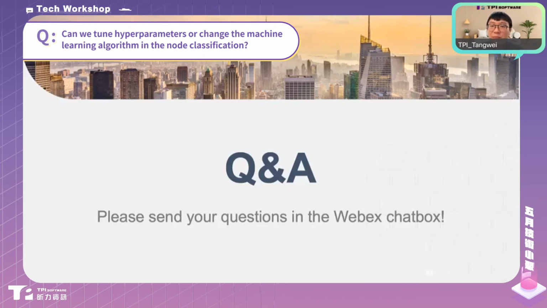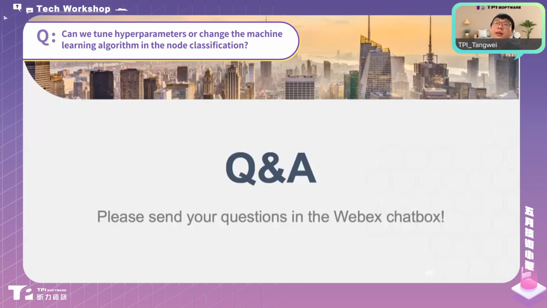So I think you mean that in machine learning, we can tune the hyperparameters in all machine learning algorithms, like in SVM or in random forest. In Neo4j Graph Data Science, both node classification and link prediction have training parameters that can be tuned automatically given a set of low values.